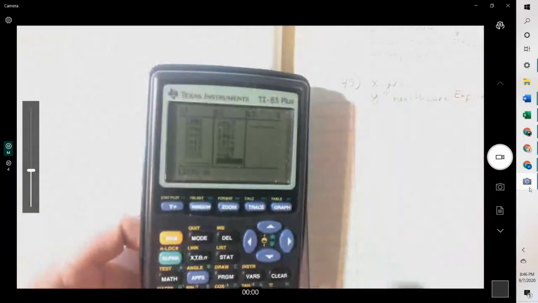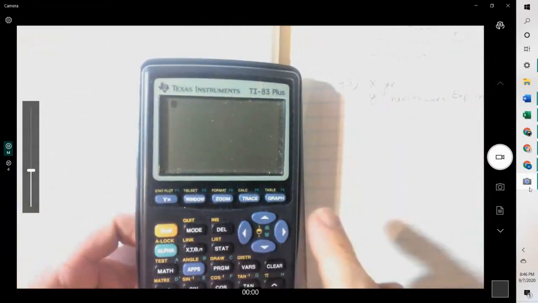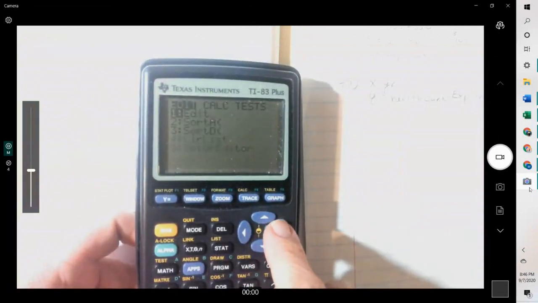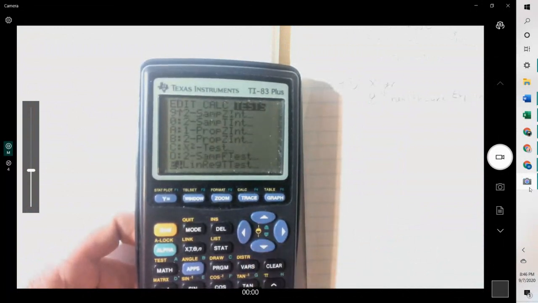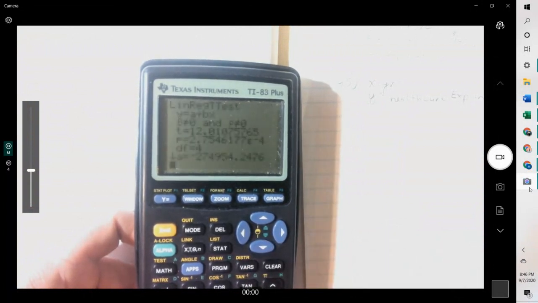So to find the line, well, we won't worry about the graph. Stat, test, linear regression, and hit enter. Go down to calculate and hit enter.